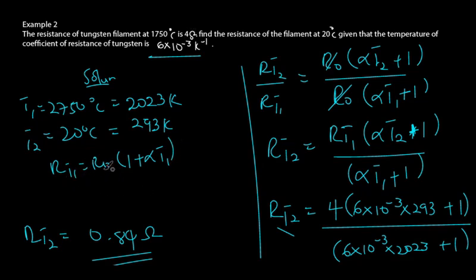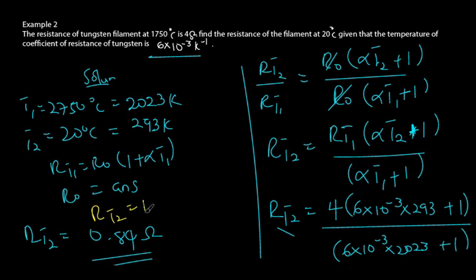We don't know the R naught, but we know the alpha, and we know the temperature, which is the 2023 Kelvin. So we input this over here, then we solve for R naught in this example. After we get the answer for R naught, it's just a matter of putting the R naught into the second equation.